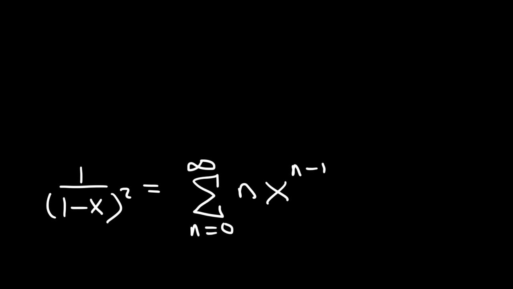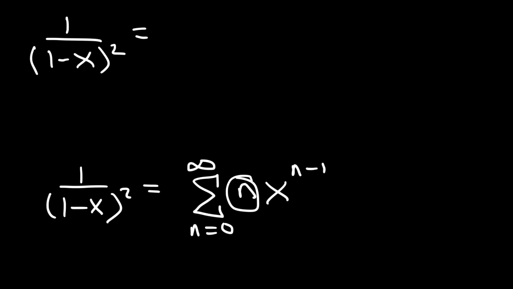Now let's write out the first 5 or 6 terms. So this expression is equal to, when n is 0, this is going to be 0 times x raised to the negative 1. So all of that is just going to be 0. Now when n is 1, we're going to have 1x to the 1 minus 1, or 1x to the 0, which is just 1.